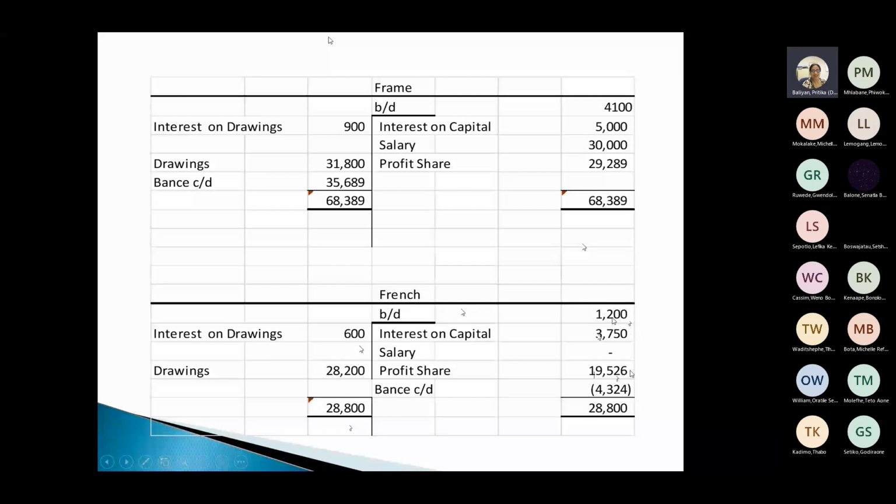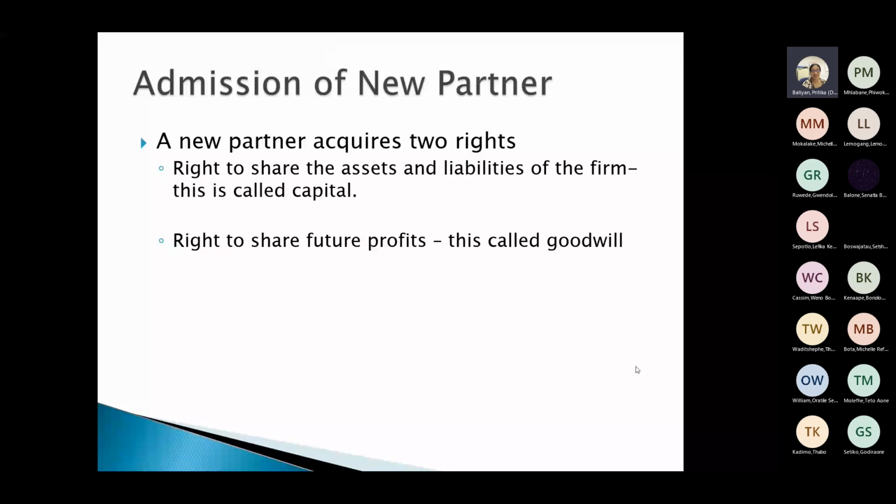So this side's balance is less than what they withdrew. So French has a deficit balance. That's why the balance will come to this side. Balance carried down by 4,324. So that's how we prepare the current account for the partners.